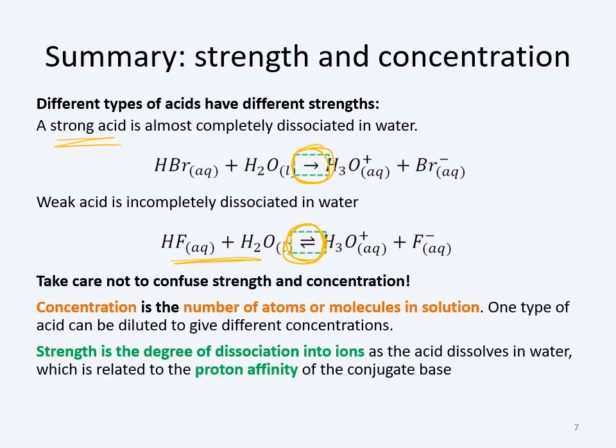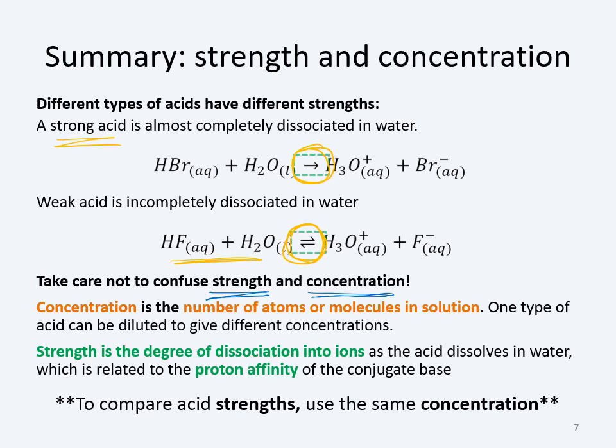Key point here, and this is a really important thing that people often get wrong, is not to confuse acid strength, which is the position of the equilibrium, with concentration, which is related to the pH. That tells us how much of everything is in solution, whereas strength is how much it's dissociated.